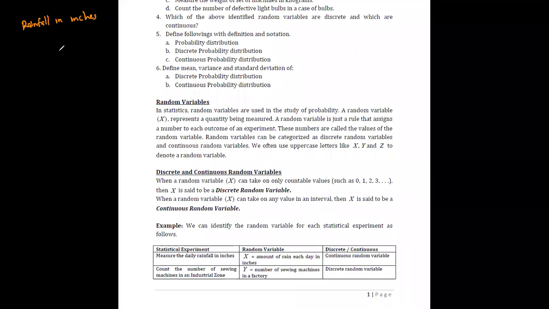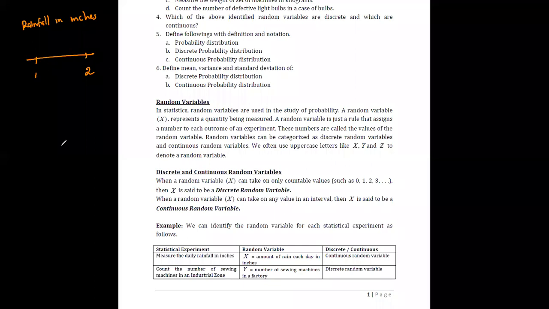If you are having 1 inch and here in the line we are having 2 inches, in between this 1 and 2 there will be many more values, infinitely many values.